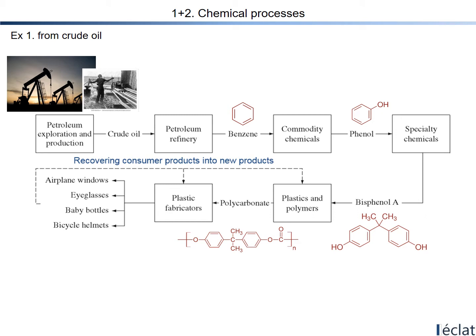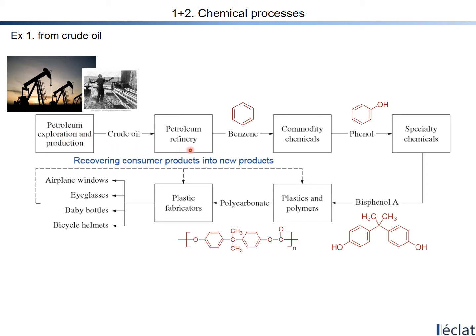Okay, here I'd like to give you a more detailed example of chemical processes. What kind of things could be produced from crude oil? Let me follow the chain of production. Petroleum exploration and production. So we could get the crude oil. This is a kind of chemical process.